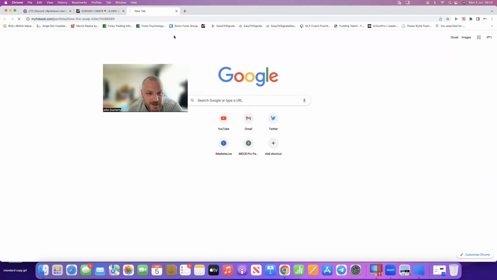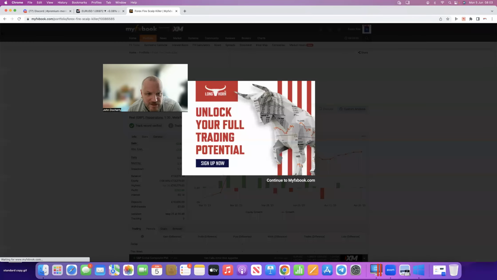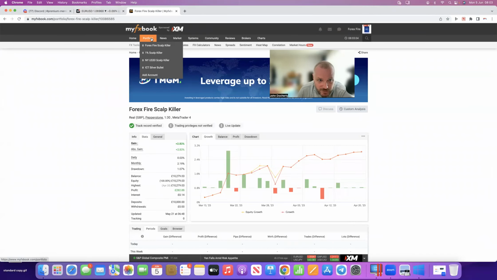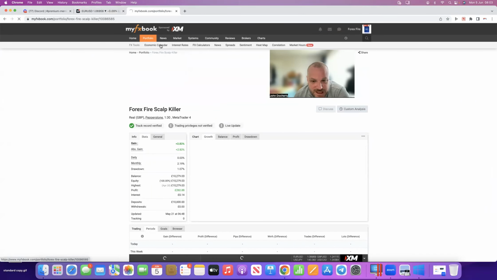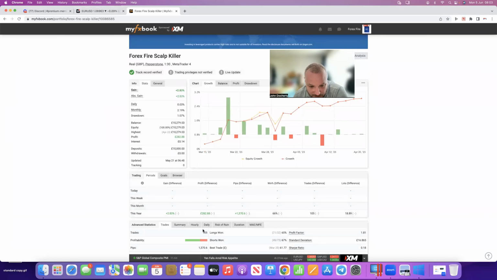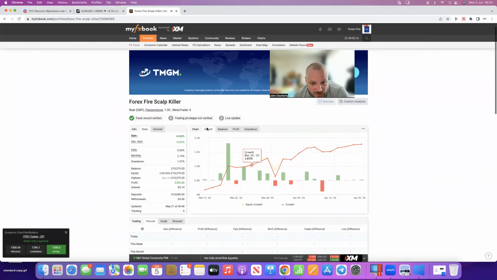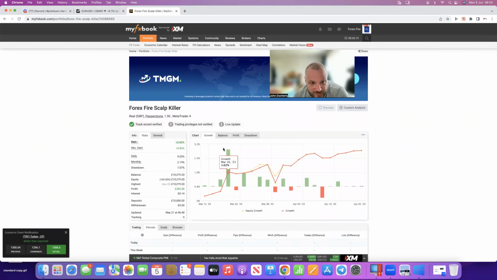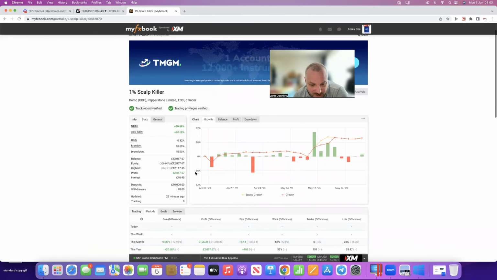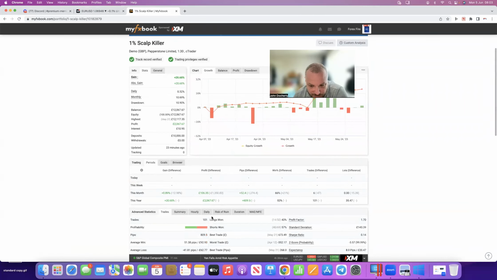On here, I've created some new portfolios. The original scalp killer one, we were basing on 100 trades and looking to get the profit factor. We got the 100 trades and the profit factor was 181. So I showed you this was profitable over the 100 trades, and I upped the risk and went to the 100% scalp killer. We did this over 100 trades.